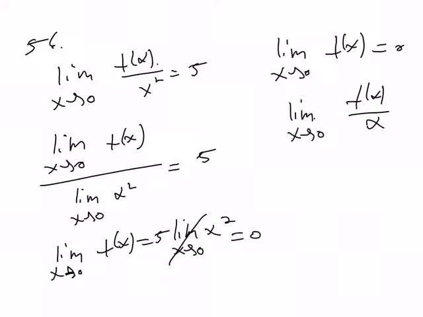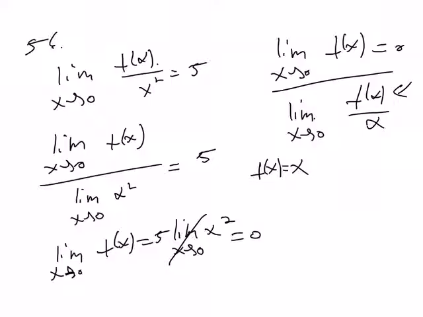And now the question is, what is the limit of f(x) over x? I don't believe we can really answer this question, because if f(x) equals, let's say, x, this is satisfied. The limit as x goes to 0 is 0.